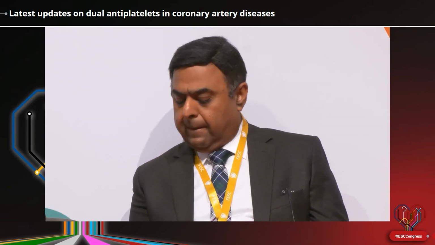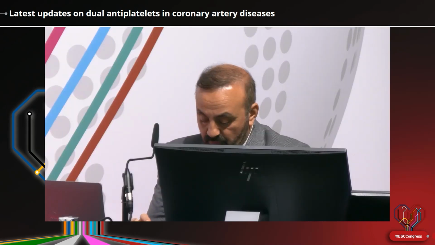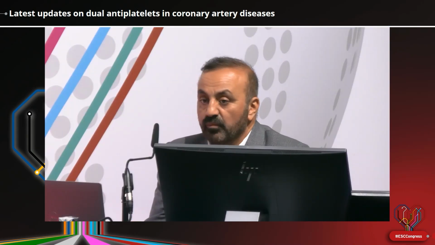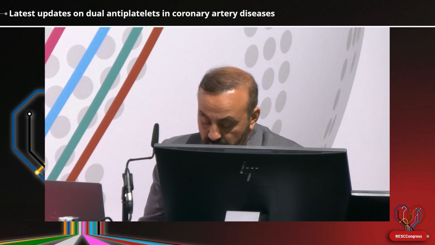I think regarding prasugrel, its indication is very limited, in a way that you can't give prasugrel without seeing the anatomy. That's the big issue with its left, right and center usage. Initially, when it came as a generic to Pakistan, people started using it without knowing the exact guideline recommendation.